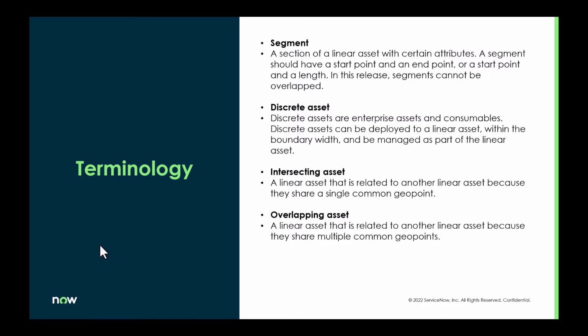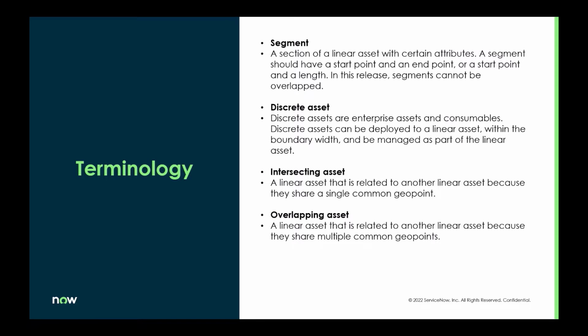It should have a start point and an end point, or a start point and a length, and segments of the same linear asset cannot overlap. Discrete assets are enterprise asset consumables that get deployed to a linear asset within the boundary width and are managed as part of the linear asset.